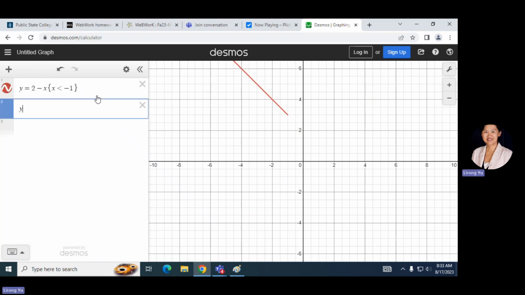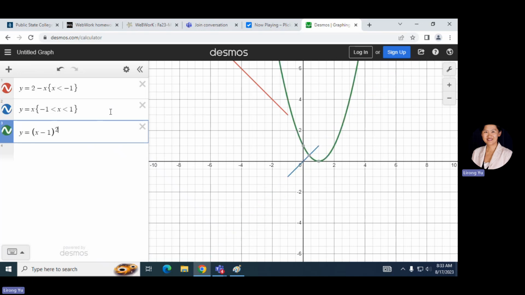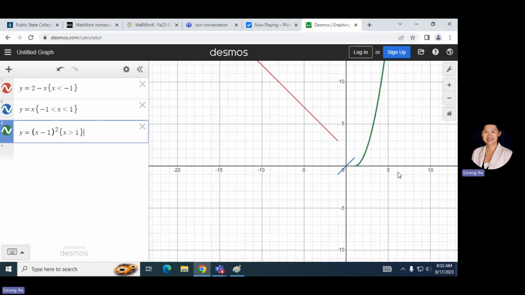So that's the first part. The second one is x. We want x between negative 1 and 1. So that's that piece. And the last piece is y equal to x minus 1 squared. And for that, we want x to be larger than 1. And that's how it looks if the computer does the graphing.